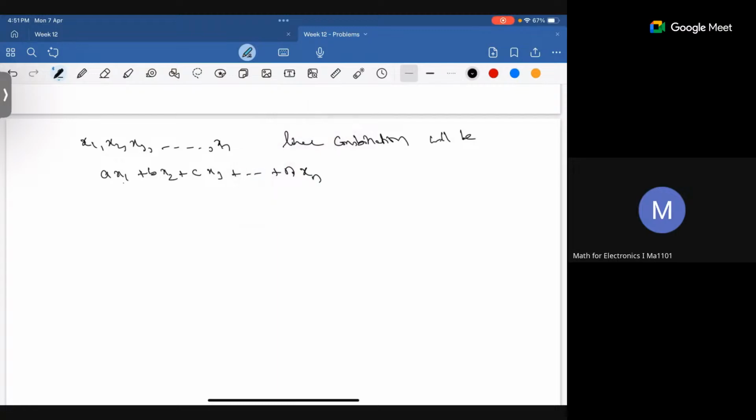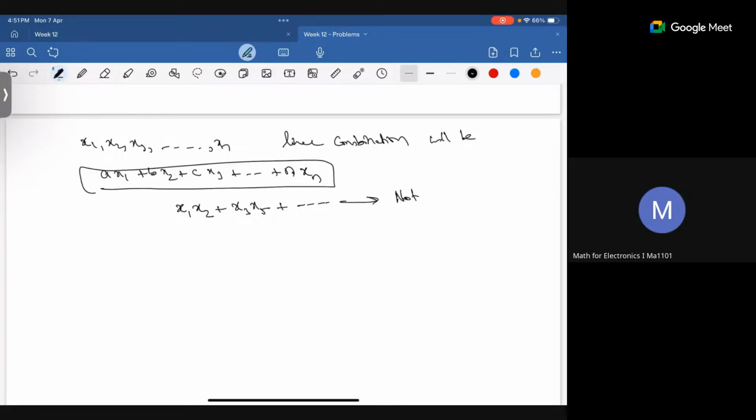So what I say is this is the linear combination. If I have something like x1 x2 plus x3 x5, this is not a linear combination. So this is a linear combination, this is not a linear combination.